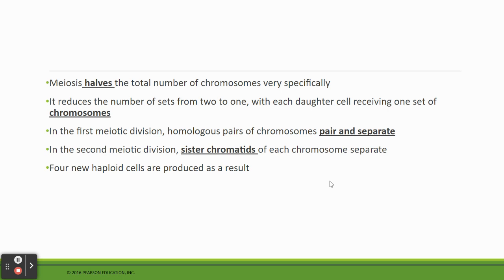In the second division, the sister chromatids from meiosis 1 are each going to separate into their own new cell, meaning you now get 4 new haploid cells. That's the result of meiosis.